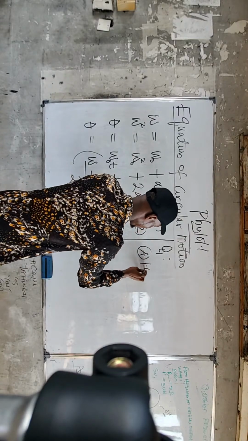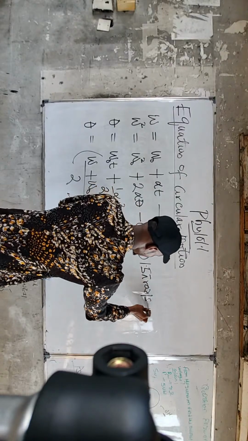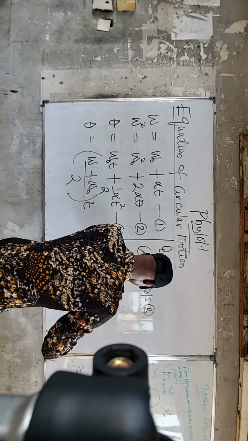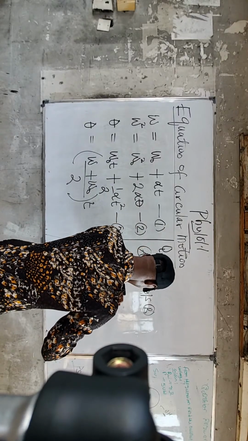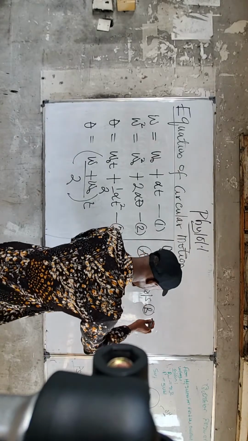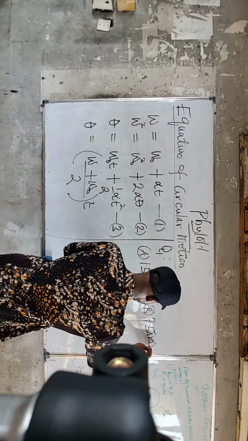A, 1.5 pi rad per second. B, 7.5 pi rad per second.